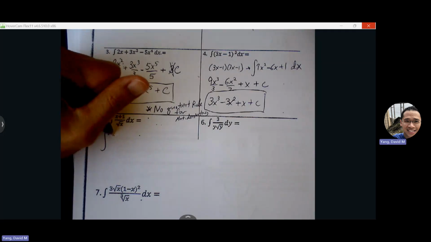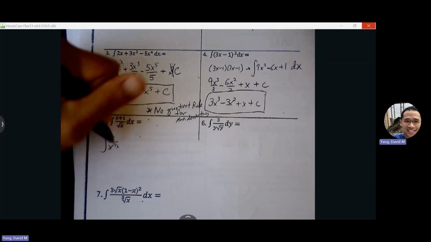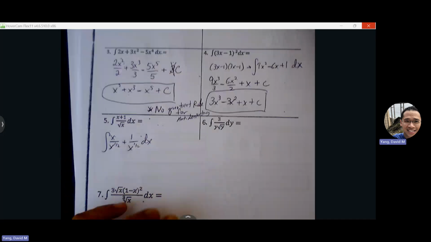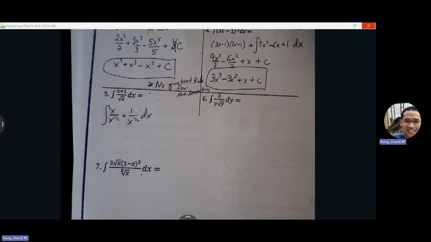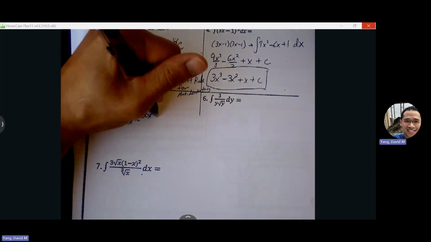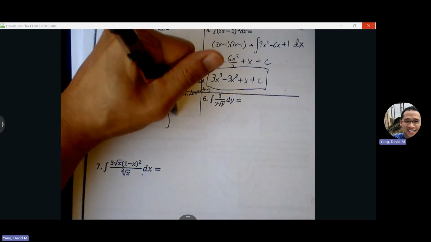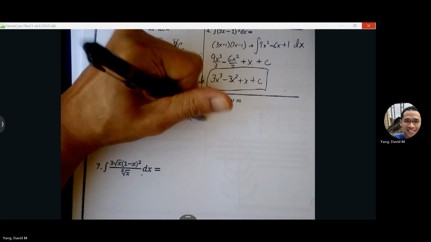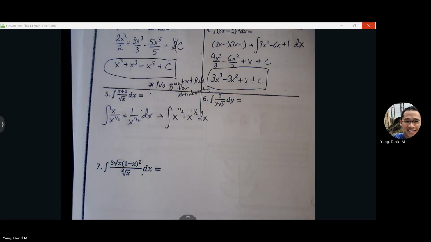But let's do the same cleanup efforts here. So I'm going to split up into individual fractions. And if I do that, I can basically split this up into two individual problems. And if I can get them to be independent of each other, then I can do power rule once I have them cleaned up. I can subtract exponents to get my denominator to come up. And now power rule.